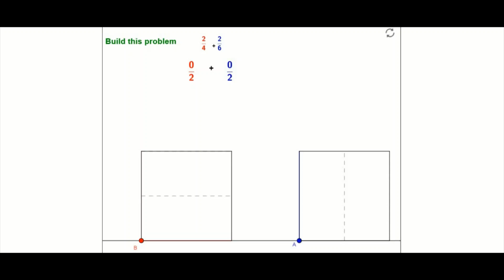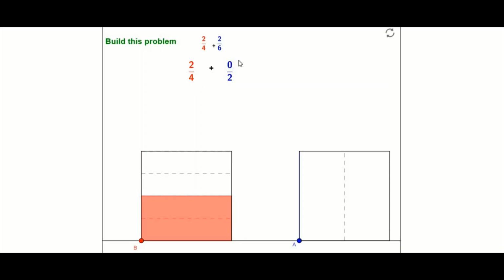That's 2, that's 3, and that's 4. So this is now 1, 2, 3, 4 equal parts. I must shade 2 parts out of it, and that's the numerator. So I must shade 1, 2. So that's a representation of 2 quarters.